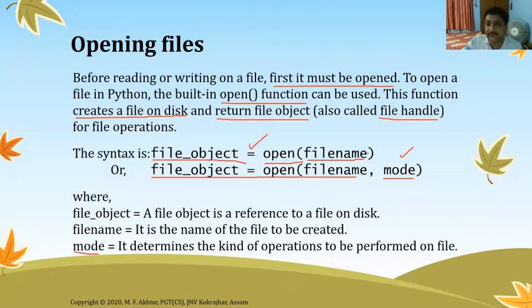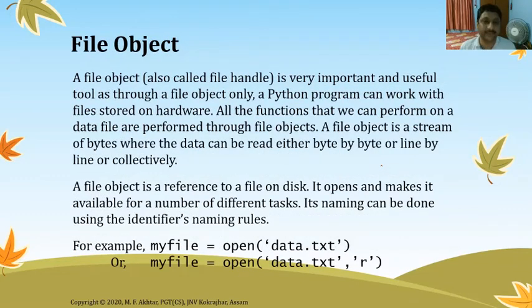If we are not giving the mode while opening the file, then the file will be opened in read only mode. Now here we are discussing again what a file object is, because it is the important part of file handling in a Python program.